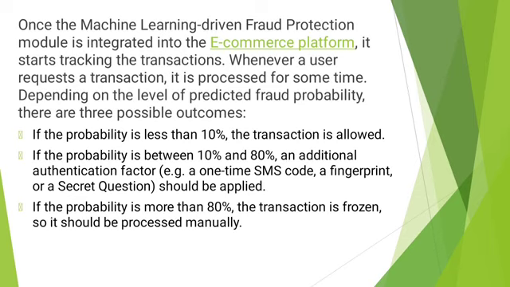If the probability is less than 10%, the transaction is allowed. If the probability is between 10 and 80%, an additional authentication factor, that is a one-time SMS code, a fingerprint, or a secret question, should be applied. If the probability is more than 80%, the transaction is frozen, so it should be processed manually.